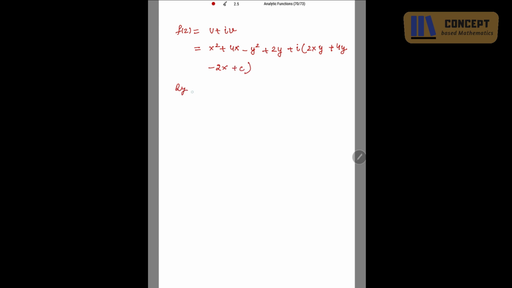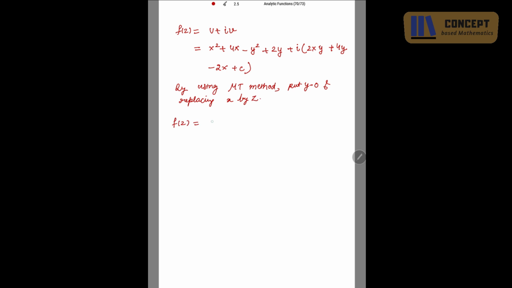Now by using the Milne Thompson method, we put y equal to 0 and replace x by z.